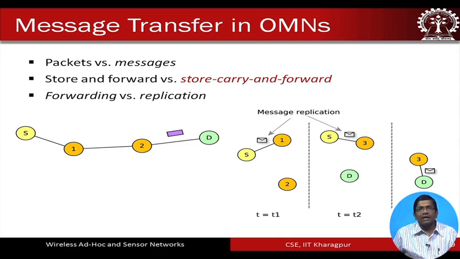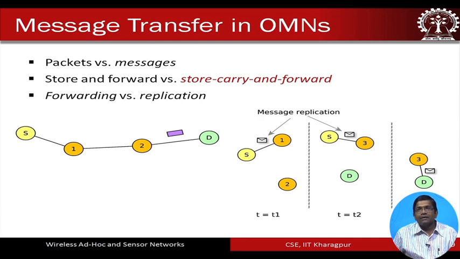Issues such as medium access and transport, and the different functionalities in these layers, are definitely important in these networks, as in any similar network, but the most important issue is routing.